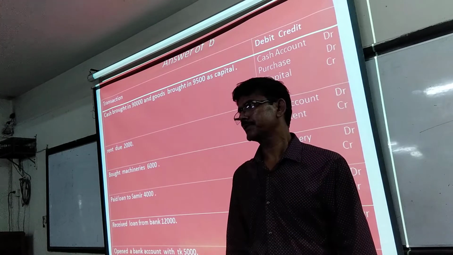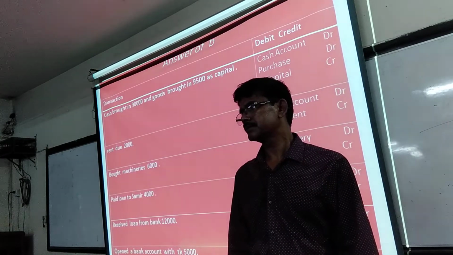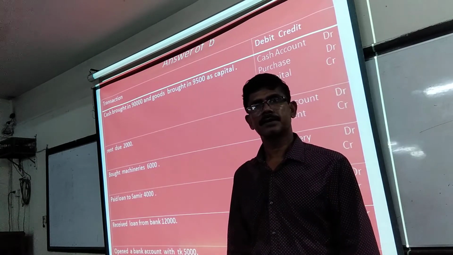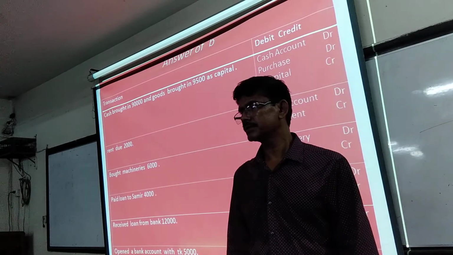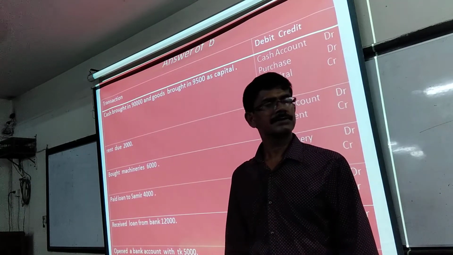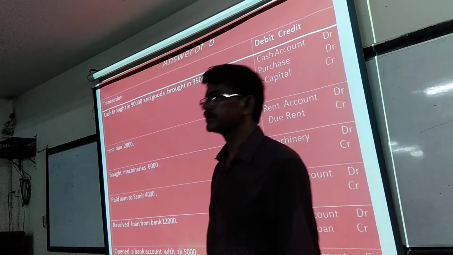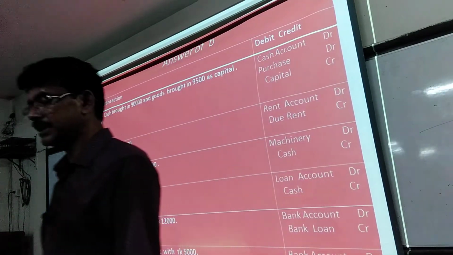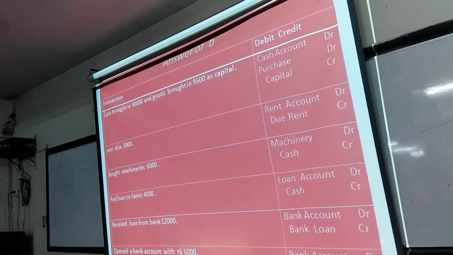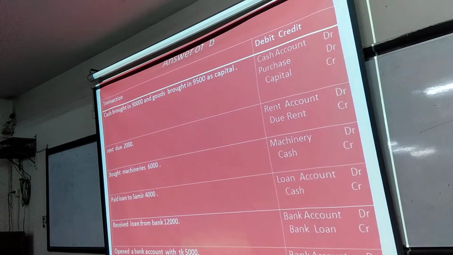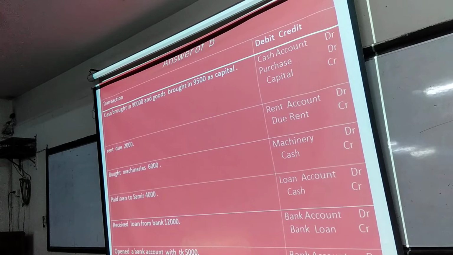You have to pay it in future. But if you take loan from bank, your bank account will be increased. As a result, bank account will be debited and loan taken is a liability. As a result, bank loan will be credited.